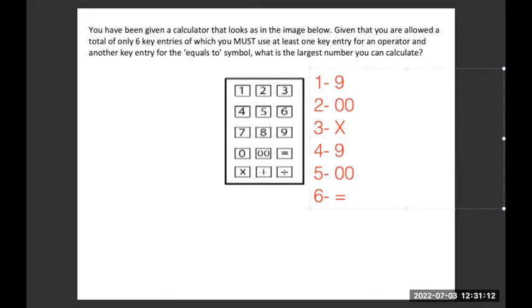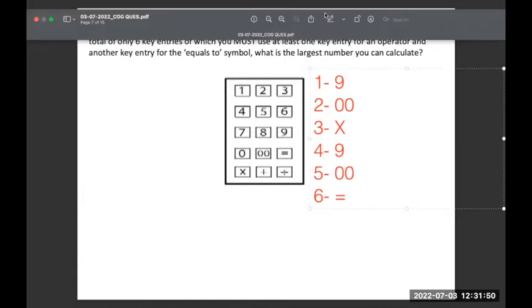Is anything bigger possible or not possible? No. So what is the correct answer? 8.1 lakh, basically.